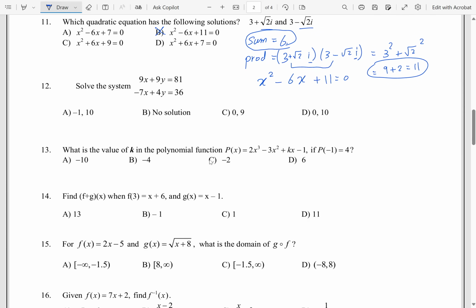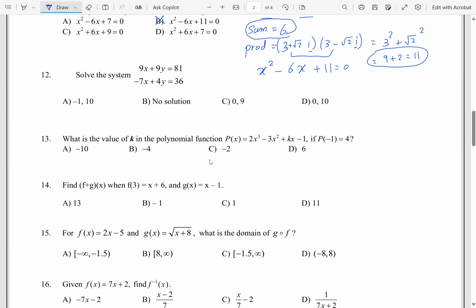Question number 12. Solve a system of equations. If you want to solve this system of equations, you have to get rid of x or y. The first equation has a common factor 9, so you can divide the first equation by 9. You get x plus y is equal to 9.